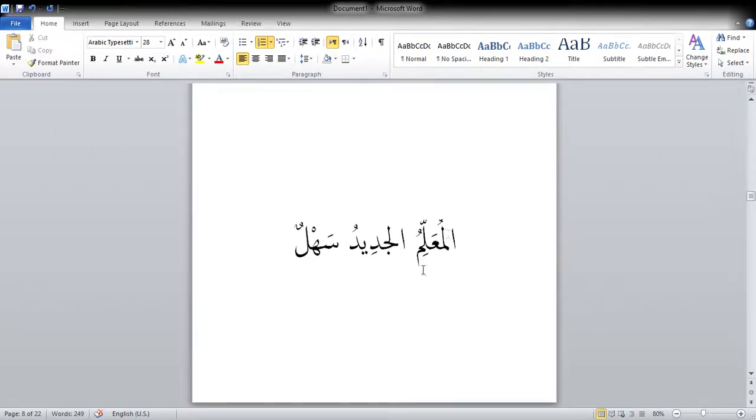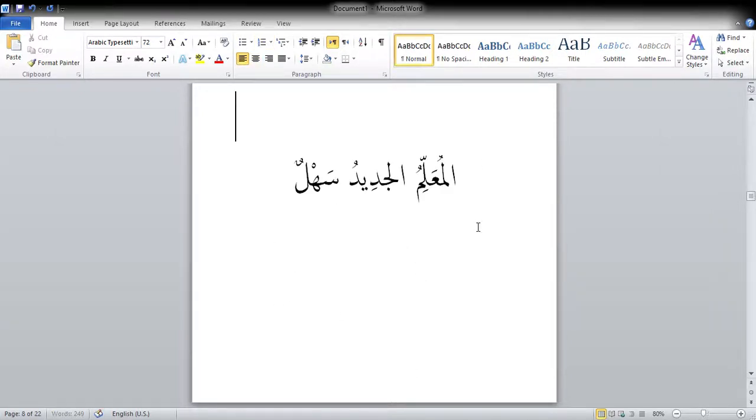The next one is المعلم الجديد سهل. Breaking that down word by word: Al-muallimu is definite, in rafa state, and singular. Al-jadidu is also rafa, also singular, and definite.